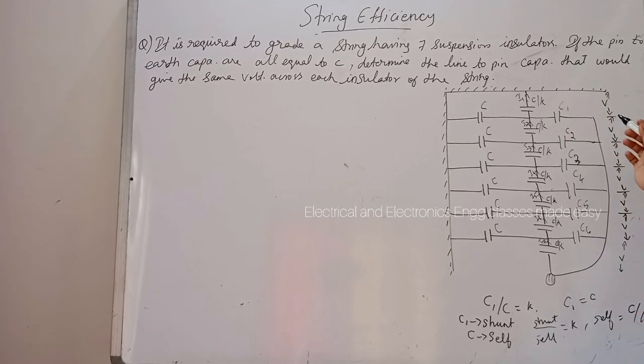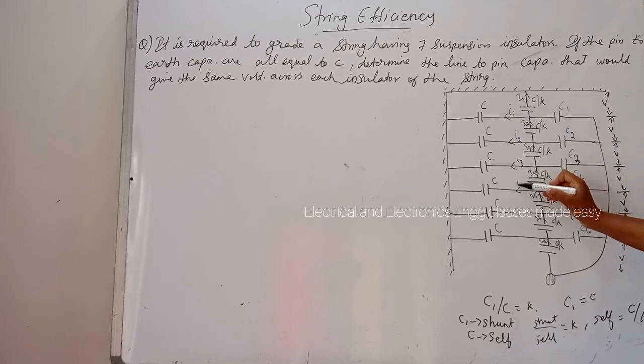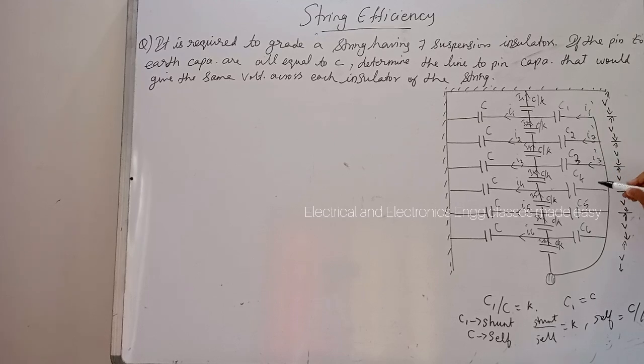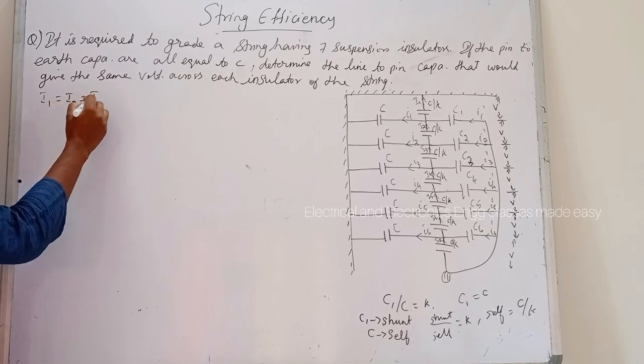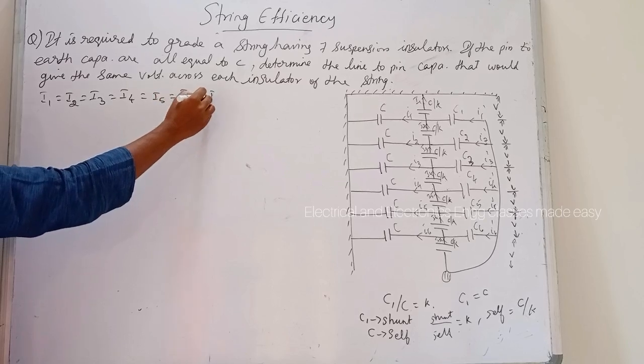Then the current through these capacitors are I1, I2, then I3, I4, I5 and I6. Similarly, currents through these capacitors are I1 dash, I2 dash, I3 dash, I4 dash, I5 dash, then I6 dash. So here all the currents are equal.